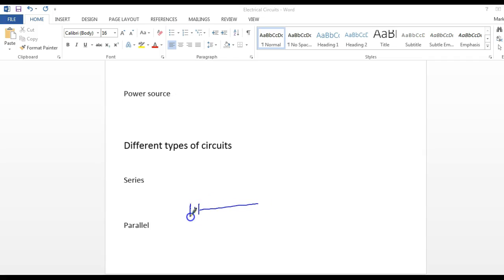And then the parallel is actually a multiple path. This is the one we're more familiar with. And so you have it going to ground. And then here, you have a light maybe here, and a light here. Okay, so there's always cases where, if something happens right here, that's not going to light.